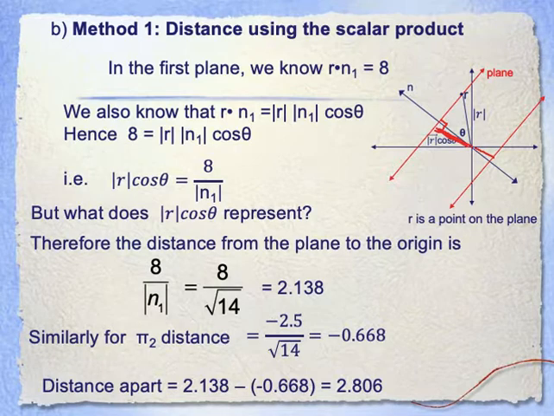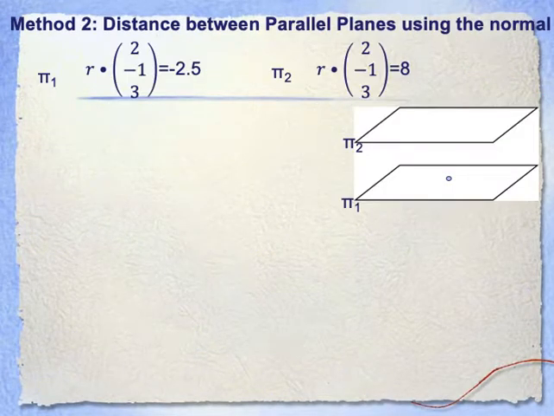Right, we're going to look at a different method now using the normals. All right, so now again, looking for the distance between the planes. This one doesn't use the origin, so this might suit your way of working things out a little bit better. This time we're just going, all right, we've got two planes, we know they're parallel.